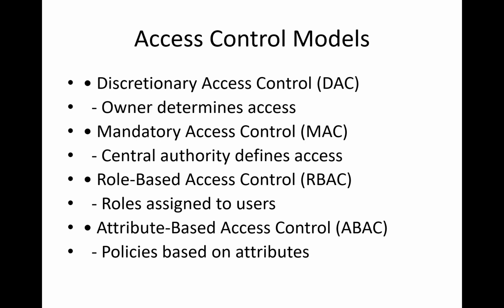RBAC, role-based access control, assigns permissions to roles like HR or admin, and then assigns users to those roles. ABAC, attribute-based access control, is more dynamic. It considers user attributes, resource tags, or even time of access. Very flexible, but also more complex.